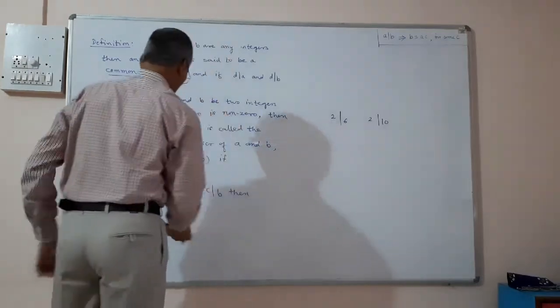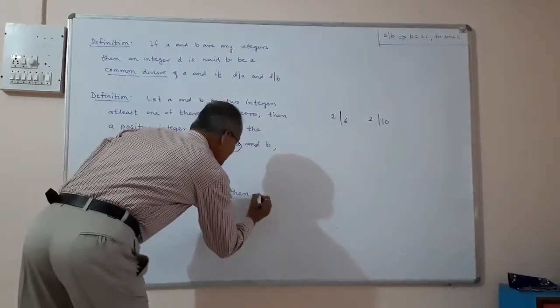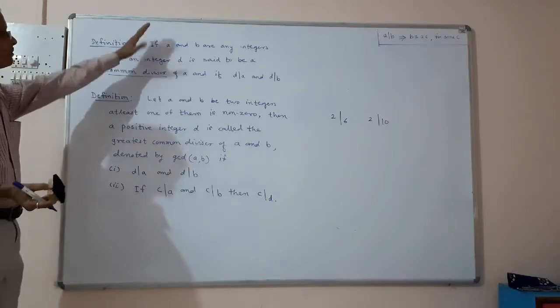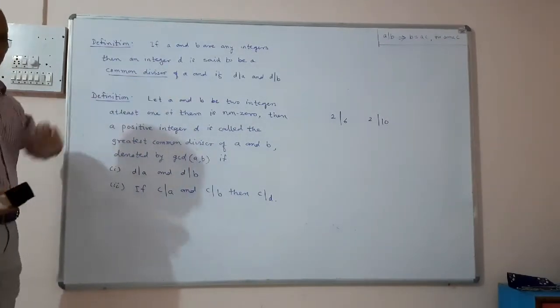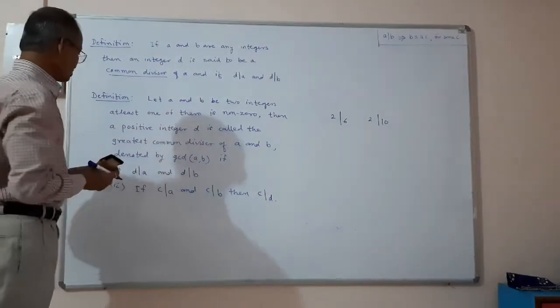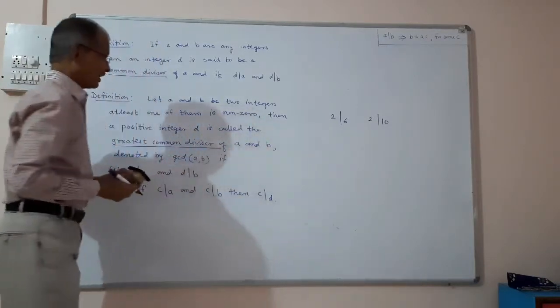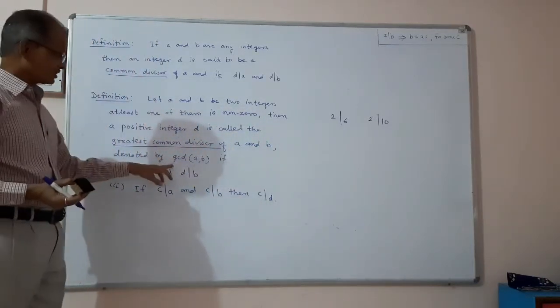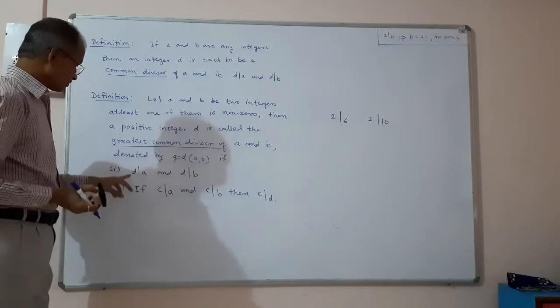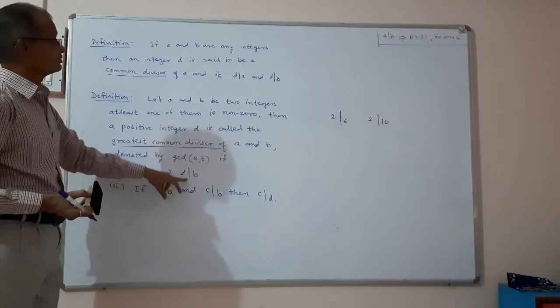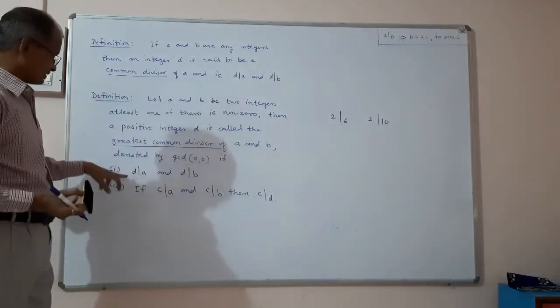D is the greatest. Now there are two conditions. A common divisor means it divides both. And now what is the greatest common divisor of A and B, that is GCD of A and B? So it is first a common divisor. The first condition is D divides A and D divides B, so it is a common divisor first.